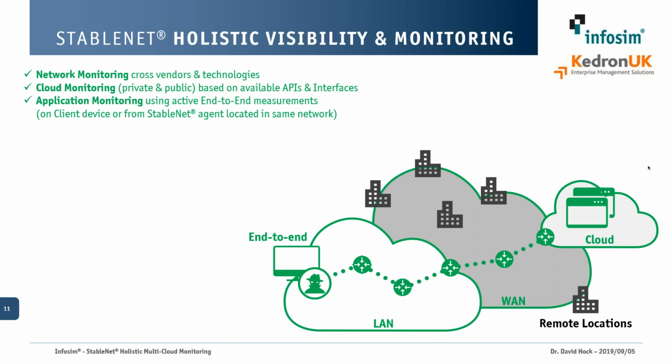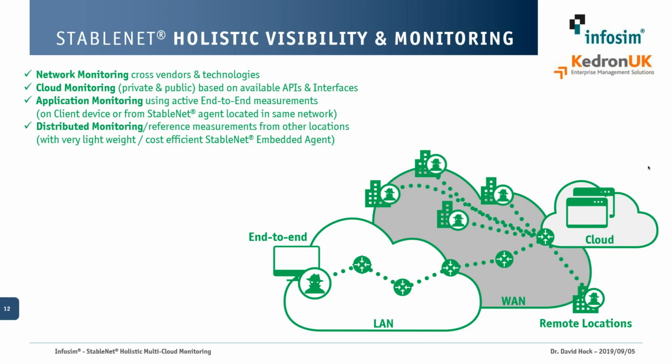And then, in order to have reference measurements, it's important not to have this just from one endpoint, but to do this in a distributed fashion with a lot of different reference measurements coming from other locations. For that, we have our lightweight StableNet embedded agent, which is a special version of our agent software run on a device with a very small footprint.